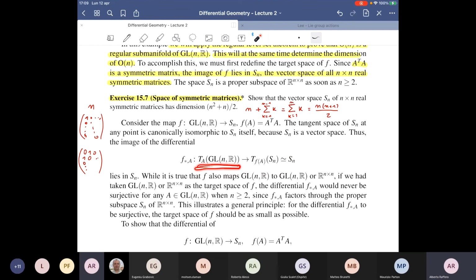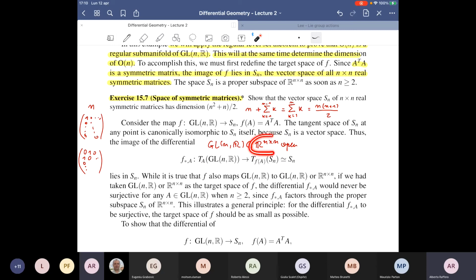Here you have the tangent space at GLn R. It is an open subset of the space of matrices. And so this tells you, as you saw last time, that if you consider the tangent space at some point, then it will coincide with the tangent space to this bigger space at that point.